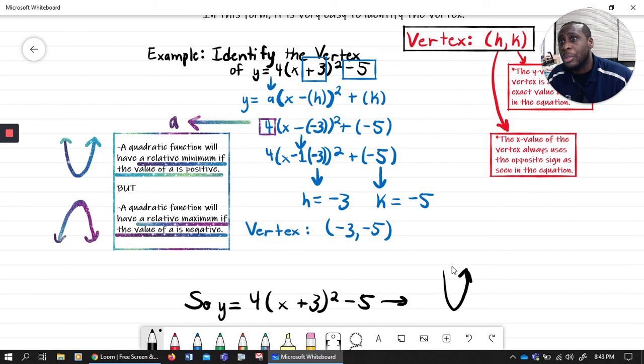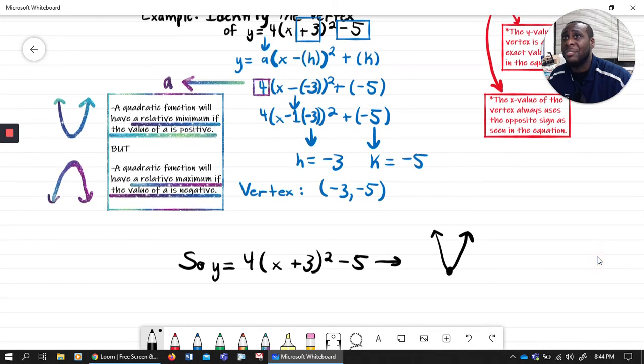The graph would open up sort of like that. Still sloppy, but it'll work for now. Yeah, that's better. So the graph will open up like that, and your vertex, of course, is going to be negative 3, negative 5, based off of that information of h and k. Vertex, negative 3, negative 5. I'm actually going to write that somewhere else.